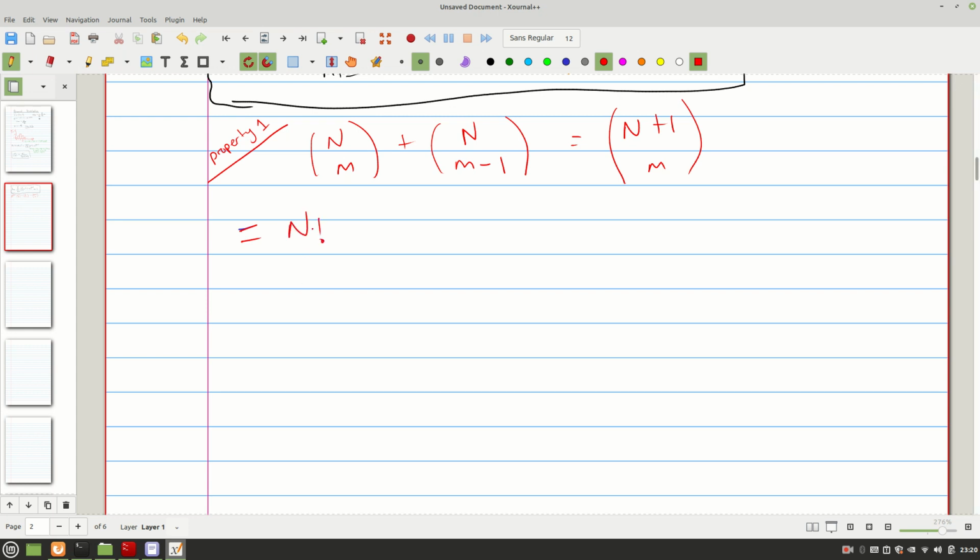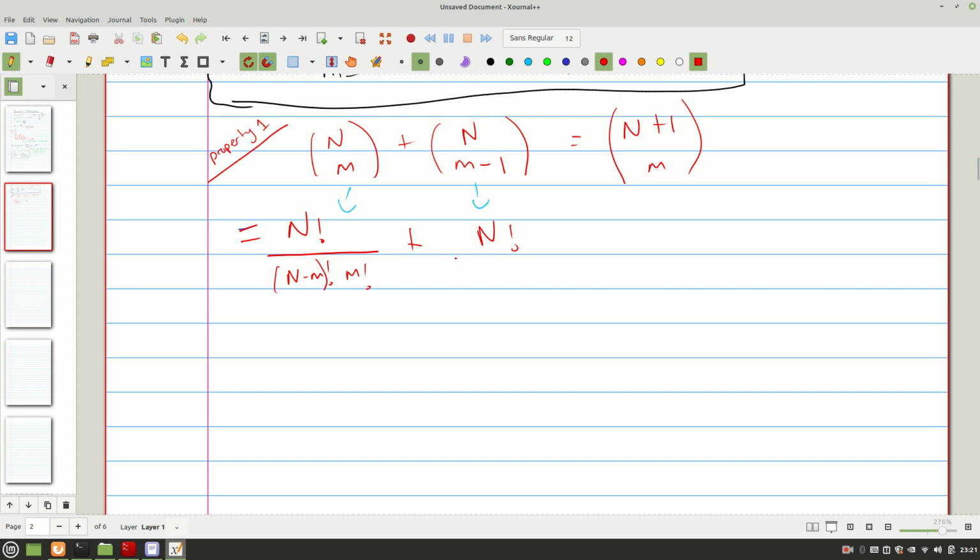So we have n factorial over n minus m factorial times m factorial, plus n factorial. This is actually referring to this term, and this is this term.